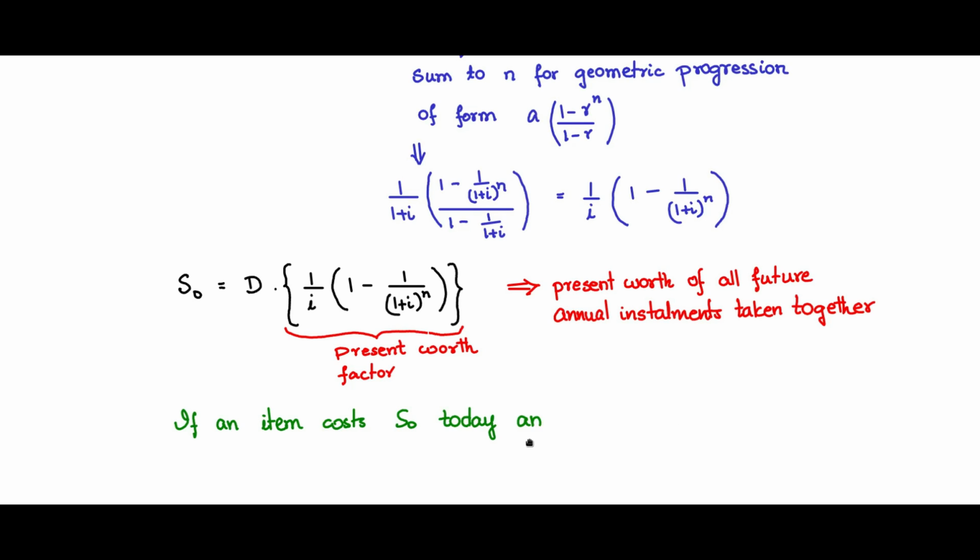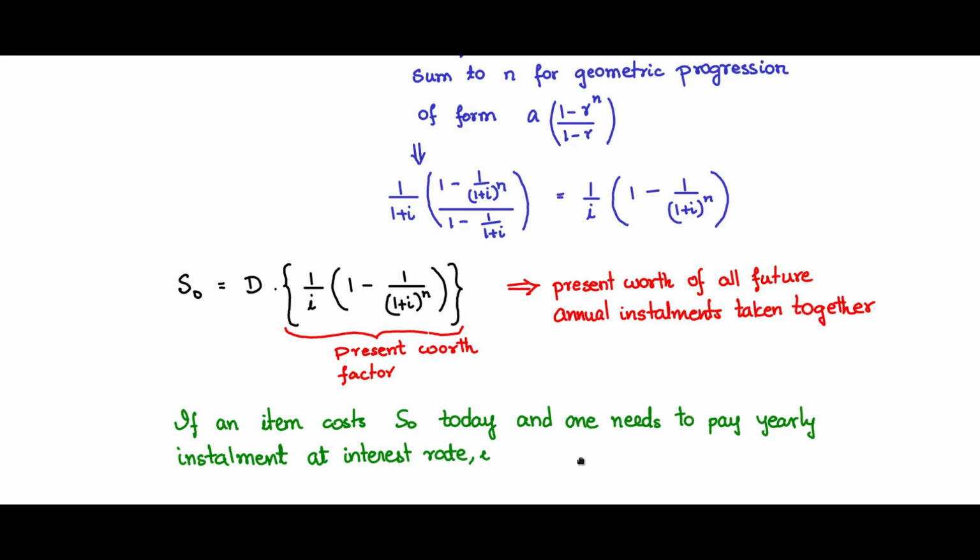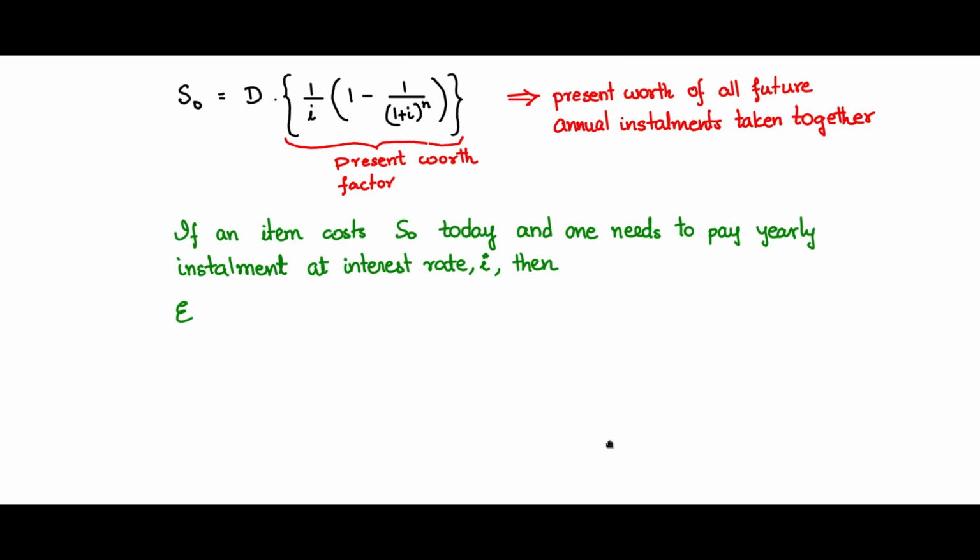So if an item costs S naught today and one needs to pay yearly installments for the next n years at an interest rate of I, then the equal yearly installment D is nothing but S naught by the present worth factor.